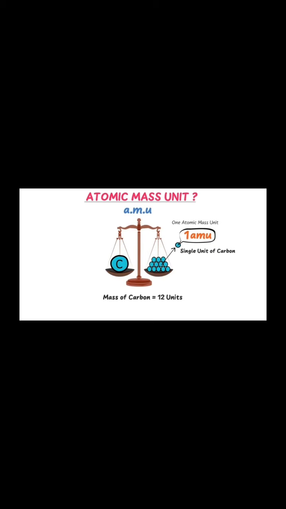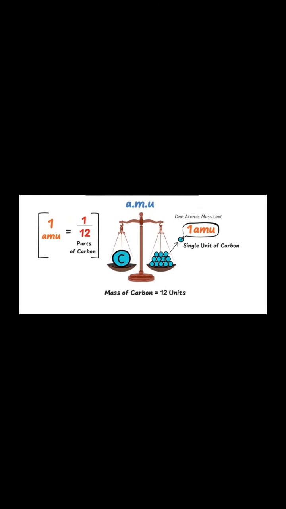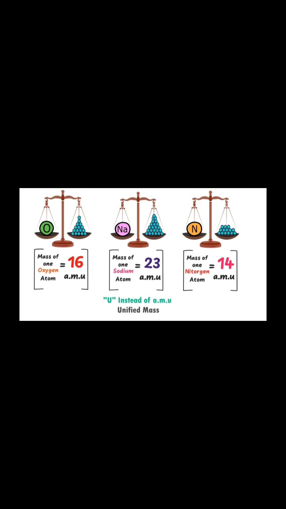When you take 1 unit of carbon out of these 12 units, we call this single unit of carbon 1 atomic mass unit or 1 AMU. 1 AMU is equal to 1 by 12 parts of carbon, and 1 AMU is the standard unit of atomic mass. Now we have to modify the units.